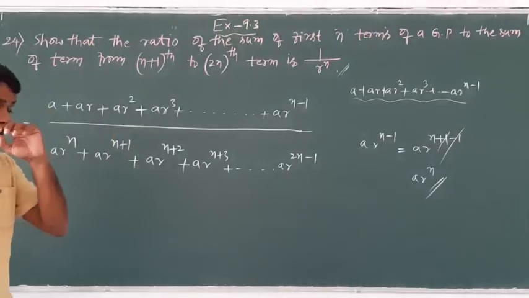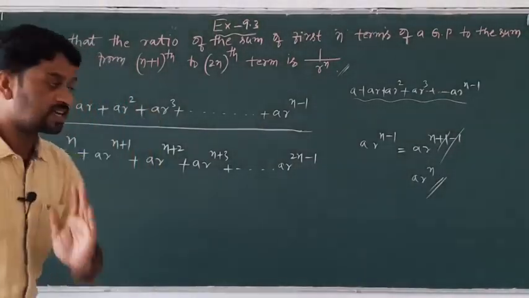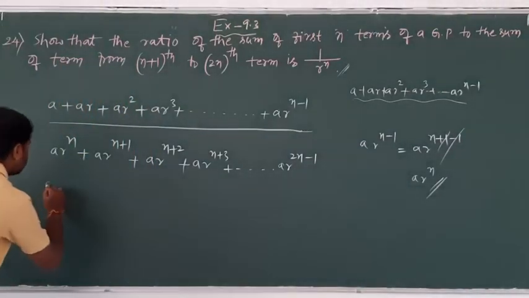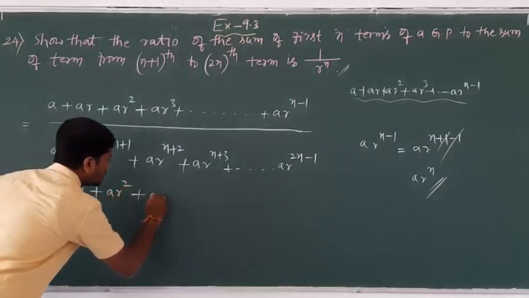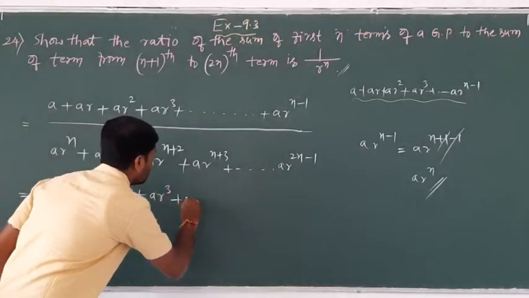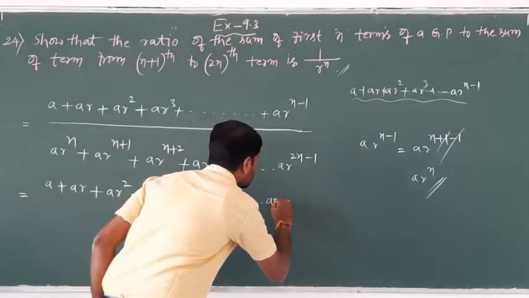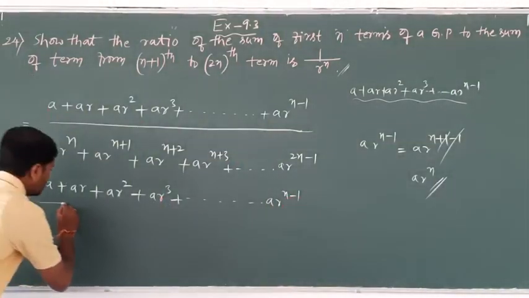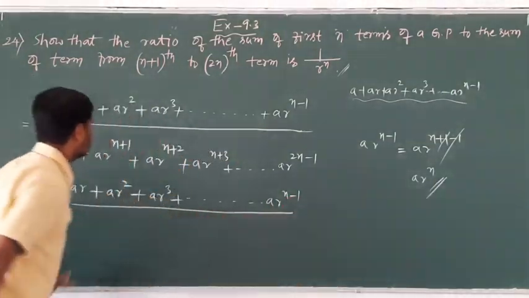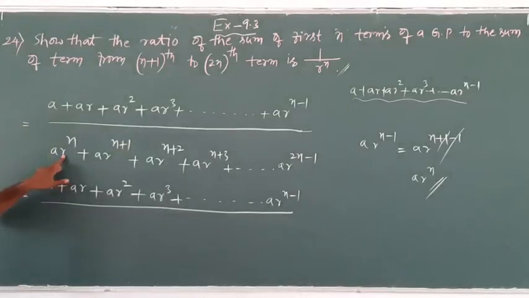The numerator is as it is: a plus ar plus ar cube, up to so on, a into r power of n minus 1, divided by the denominator.